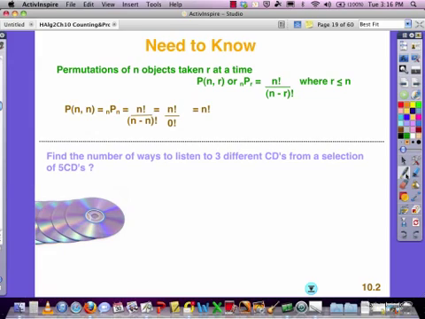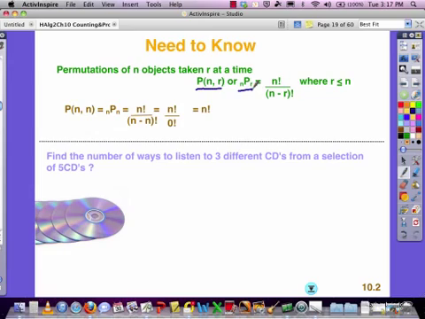So look up top. You see it'll say P n comma r, or it'll say nPr, just like our nCr when we did combinations. And then there is a formula that says all permutations are n factorial divided by n minus r factorial.